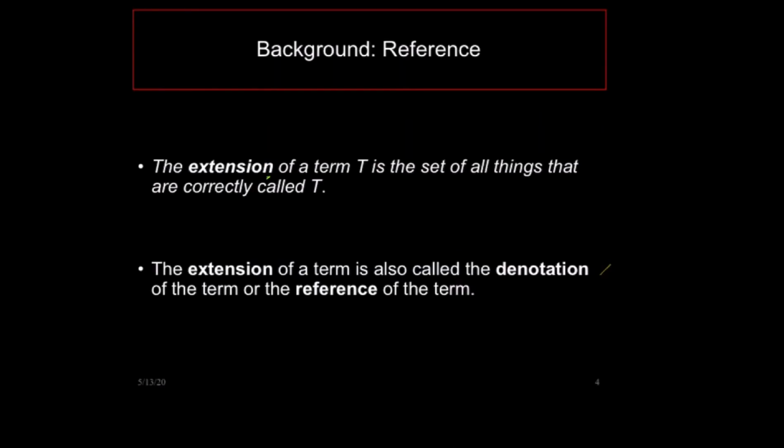So the second way we specify meaning is by gathering up all of the things that are labeled correctly according to that term into an abstract collection that we call a set.